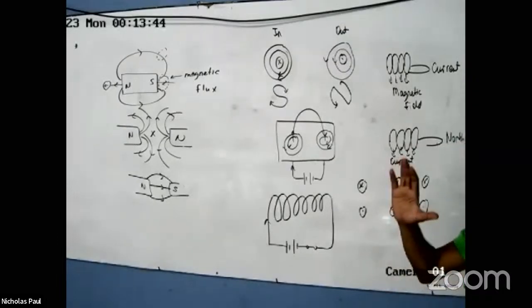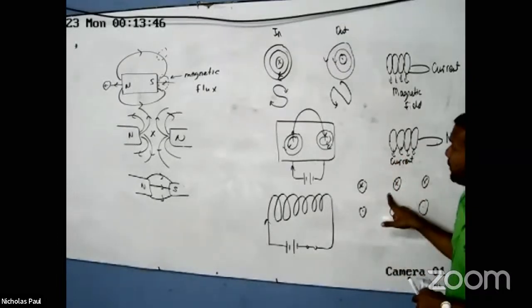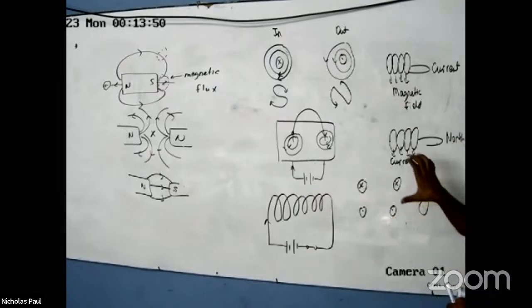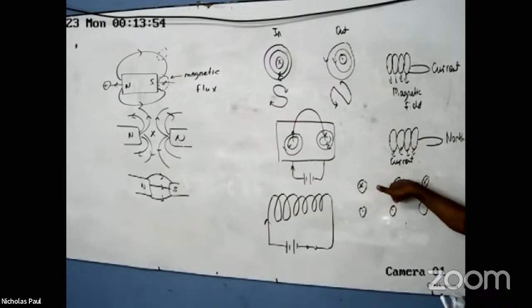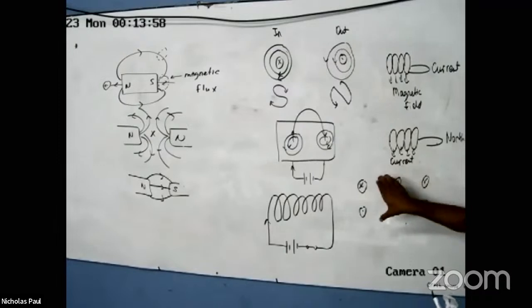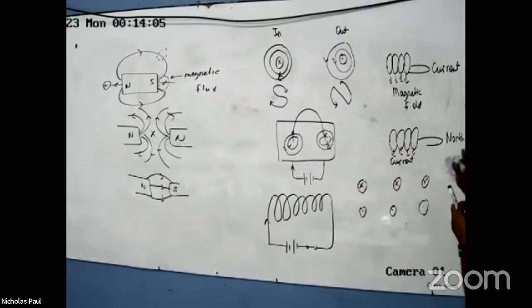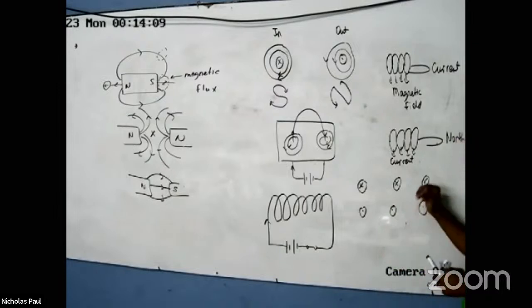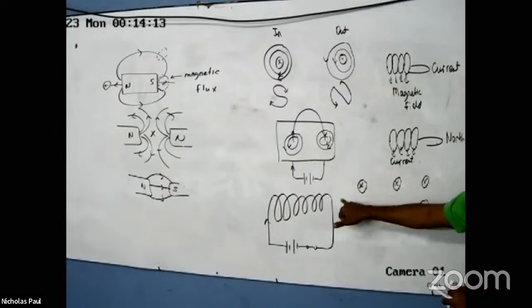Okay? So here's how it works. It's going in at the top, coming out at the bottom. So your hand is going in and then coming out. You're seeing that? Watch. Your fingers go in at the top and then come back out at the bottom, and your thumb will point towards the magnetic north.